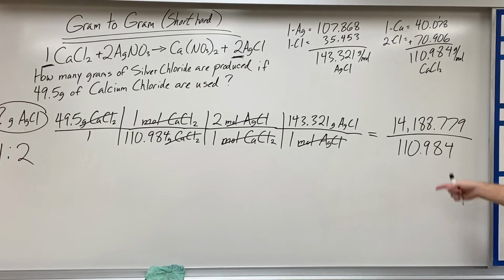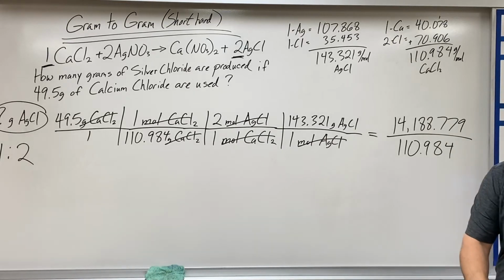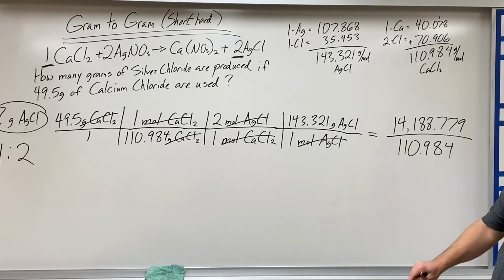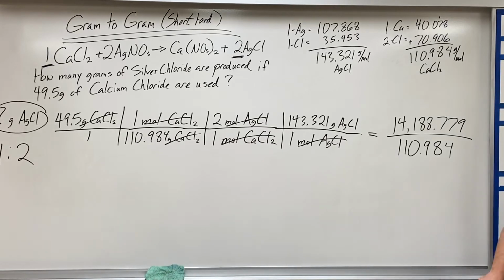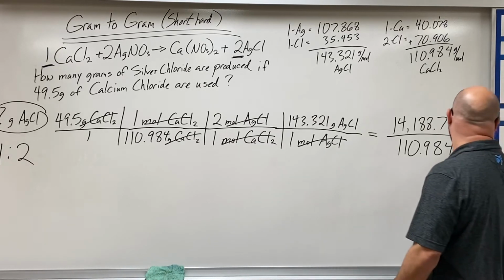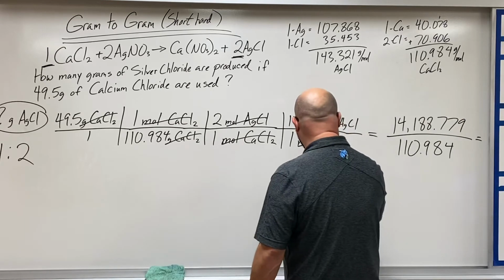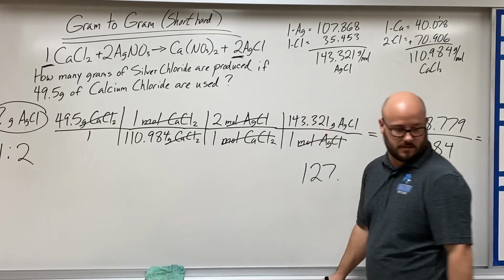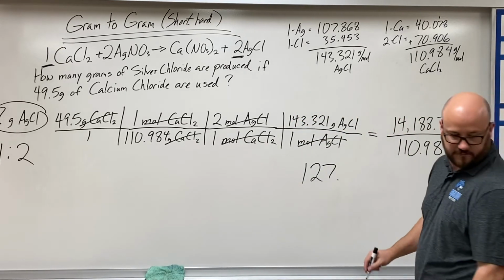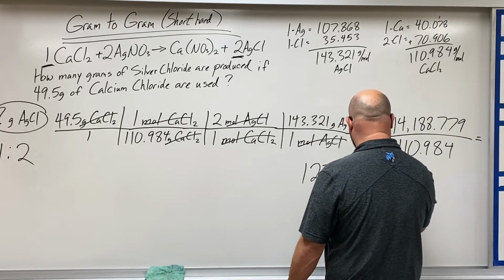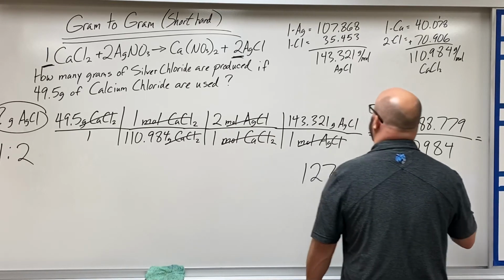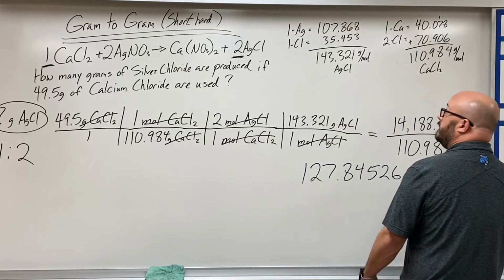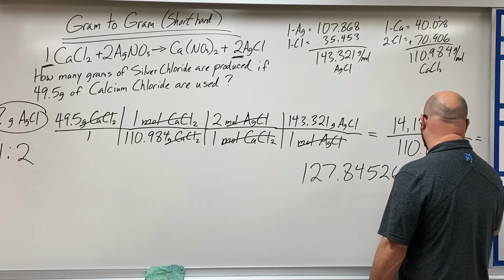All you have to do is divide. Divided by 110.984. And that gives me 127.84526 grams of, what are we solving for? AgCl.